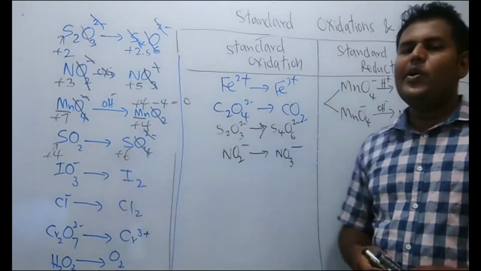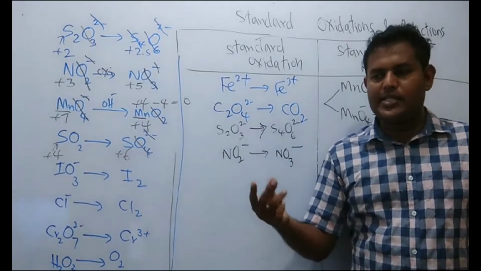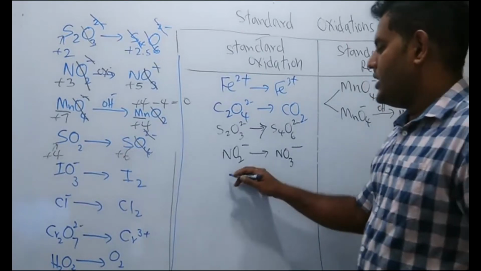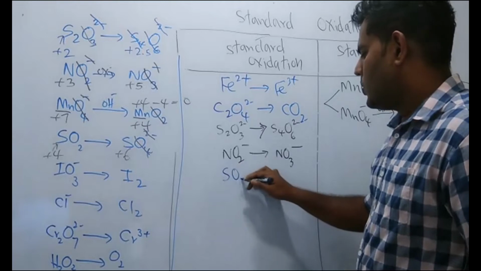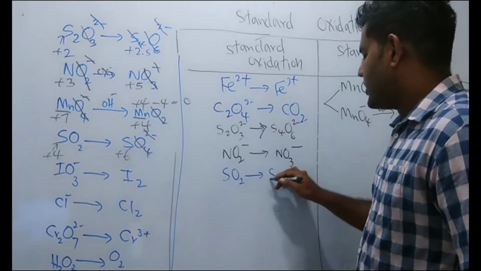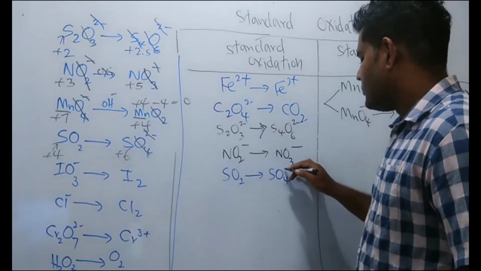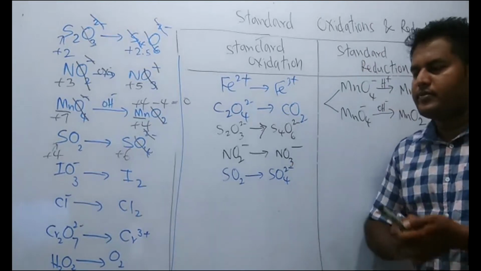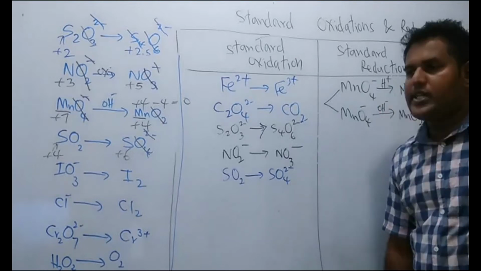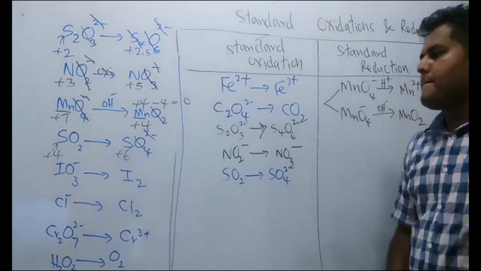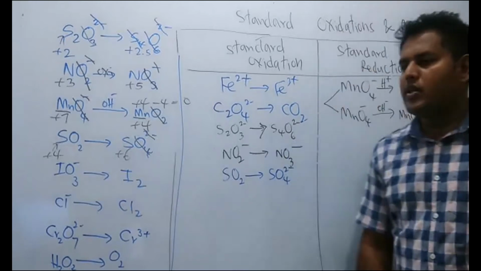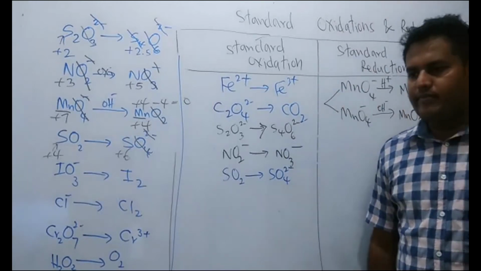The plus 4 to plus 6 is an increase in the oxidation number. Right? So SO2 to SO4 2 minus is oxidation.